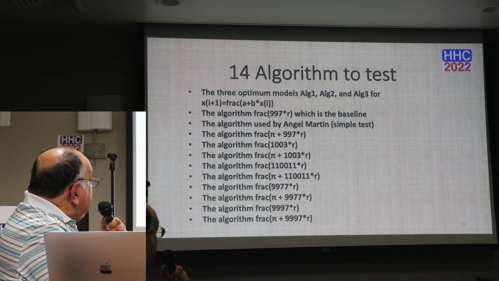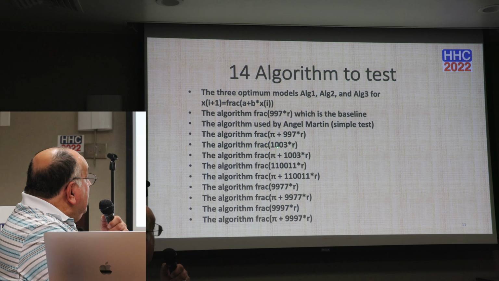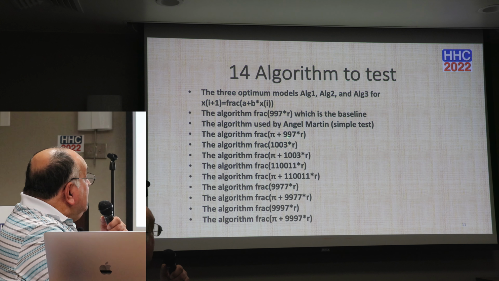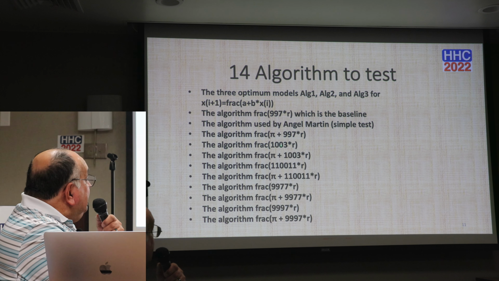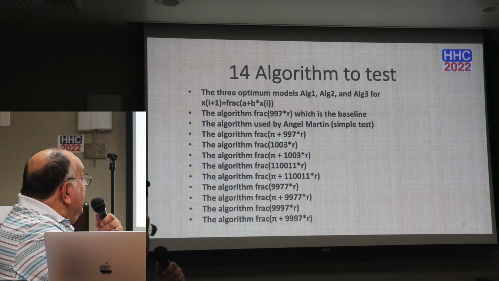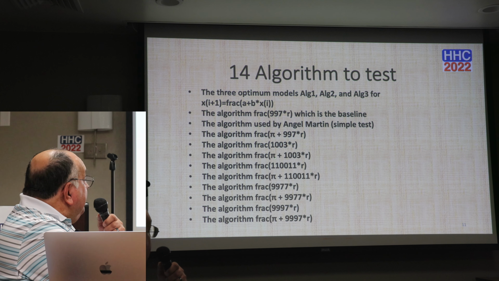Then I have these hunch algorithms. I go back to the 997 and add pi to it, and say, will it do better? Then, since 997 is 3 numbers short of 1,000, I said, how about I take 1,000 and add 3 to it and see how that formula does without pi and with pi.